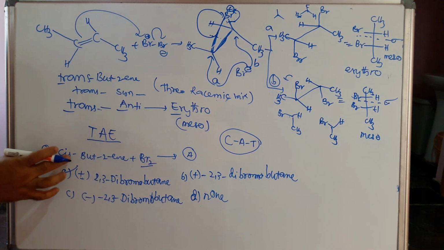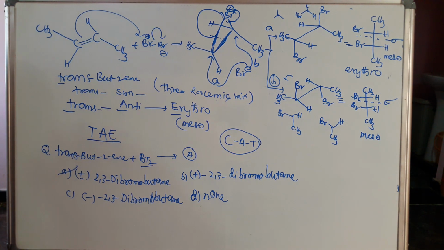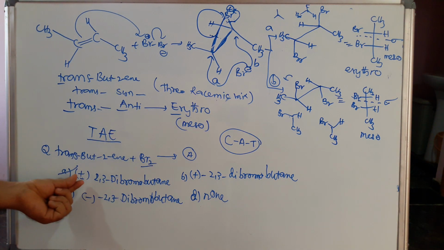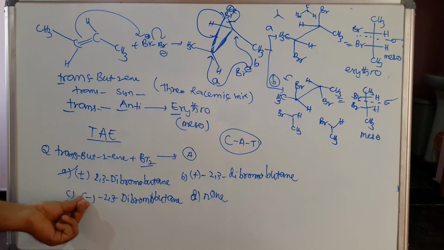A. If it is trans given in the question, trans butene on bromination, what will it give here? Then none of the options is there. That is the meso form, optically inactive. But this is a racemic mixture. Plus indicates the dextro form. Minus indicates the levo form.